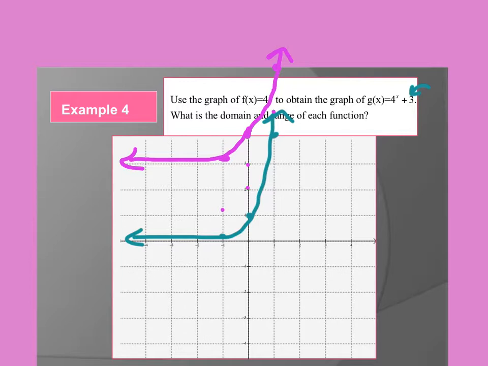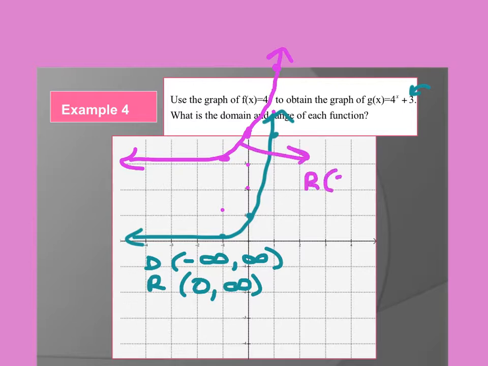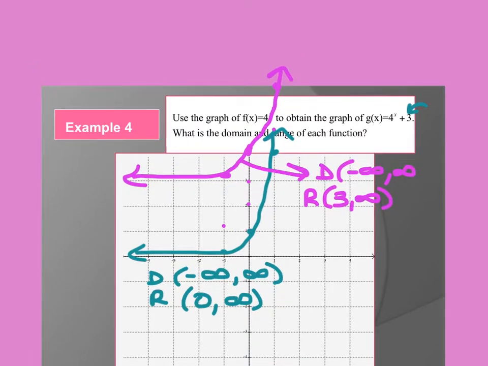What's the domain of the original one? All real numbers, negative infinity to positive infinity. What's the range of the original one? 0 to positive infinity. The range of the shifted one, 3 to infinity, and domain still the same, negative infinity to positive infinity. Okay? So when a vertical shift happens, the range changes, right? If it was flipped upside down, the order of the range changes. It would go negative infinity up to that line.